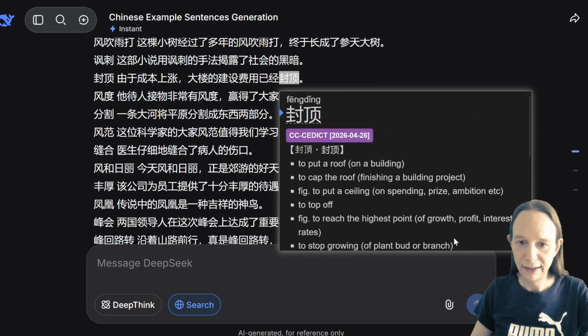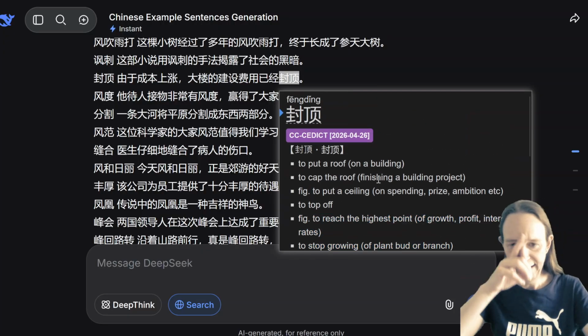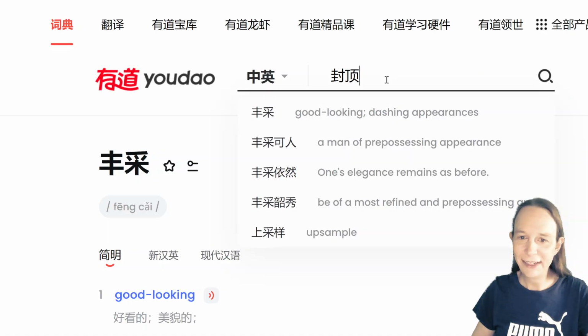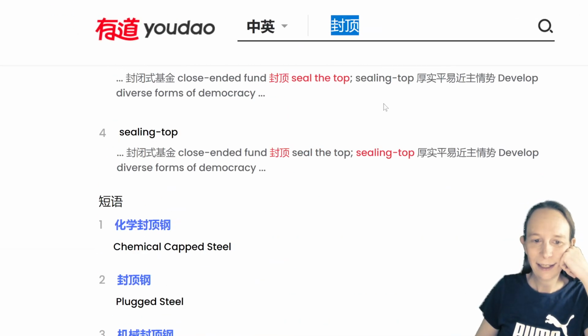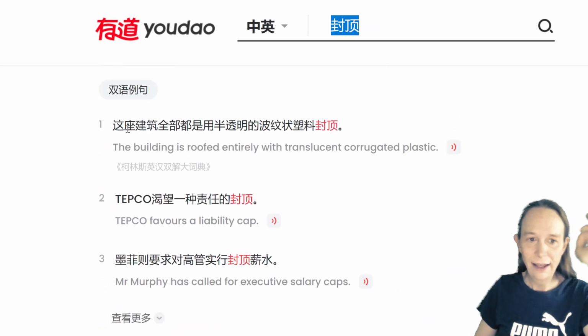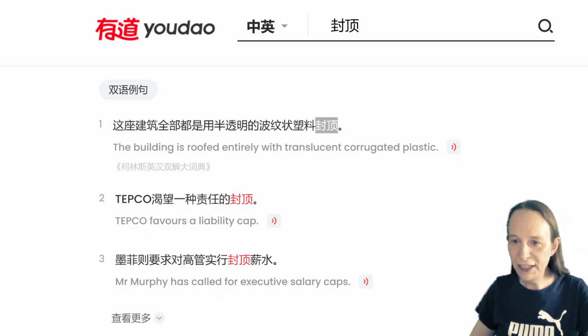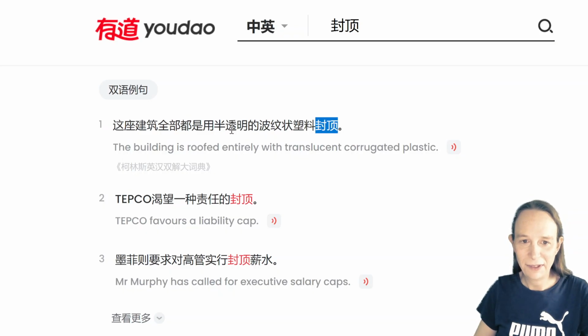封顶. Yeah, there seem to be quite a few usages there. How relevant is this? 封顶. 这座建筑全部都是用半透明的波纹状塑料封顶. So this is a physical roof, right?